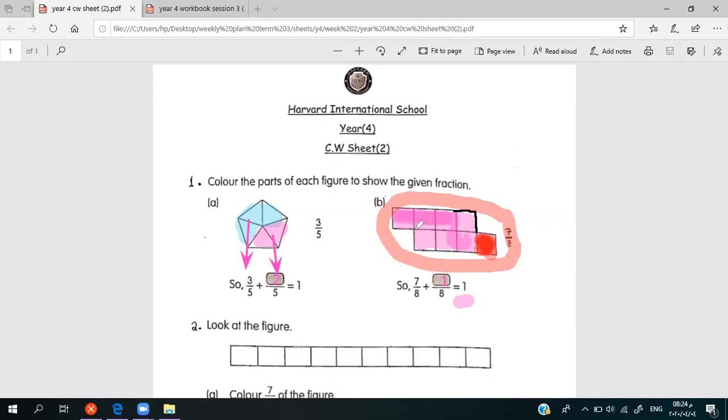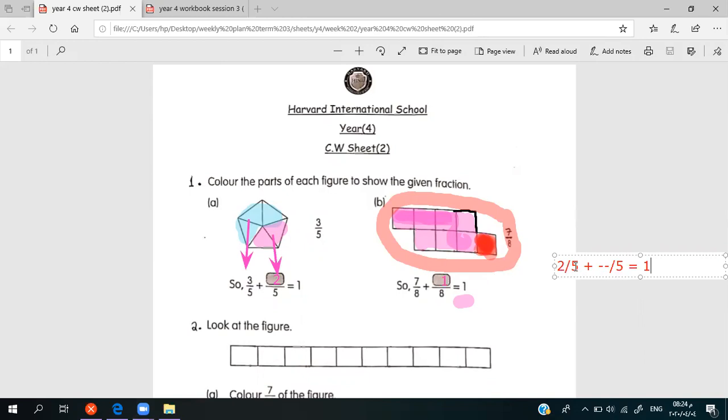What do I do if he doesn't give me the drawing? It's very easy. For example, let's see if I have 2 over 5 plus what over 5 equals 1. I divided it into 5 parts.